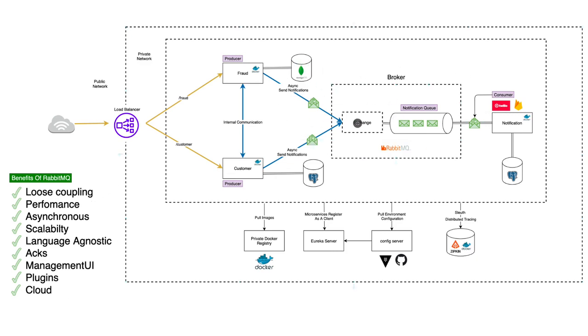The other thing is performance. So we gain performance. Now, let's say that notification is down, right? So let's say that we don't have a consumer right here. Now, the cool thing is that fraud and customer can still send notifications. And at this point right here, the exchange receives and then puts it inside of the queue. Then once notification is back up, it pretty much just reads the messages that were hanging in the queue.